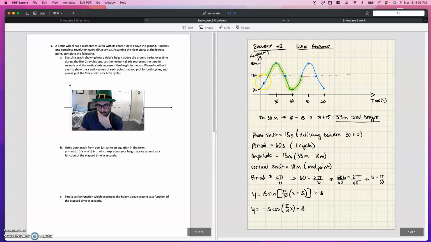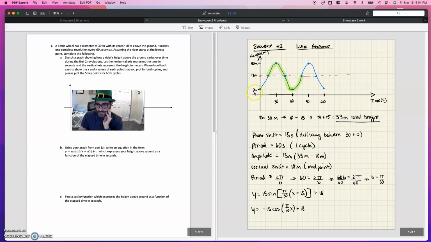The best key point here is the center being 18 meters above the ground. So it's telling you that's the midpoint. That was the first thing I plotted on my graph. And we know that the diameter of the Ferris wheel is 30 meters, which means that it has to go 15 meters above the midpoint and 15 meters below the midpoint.